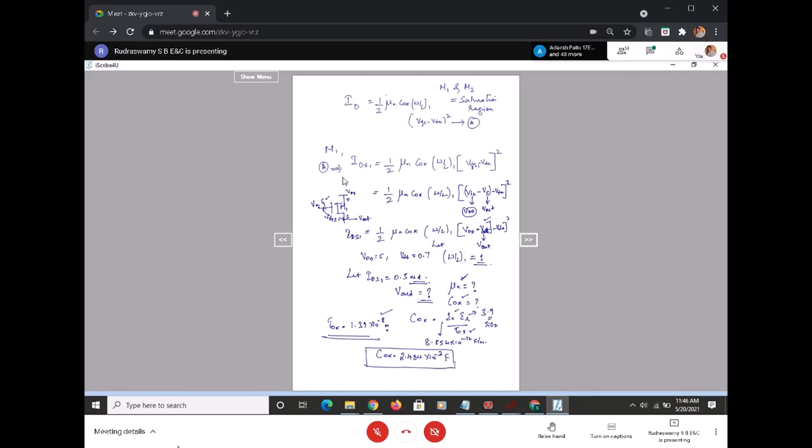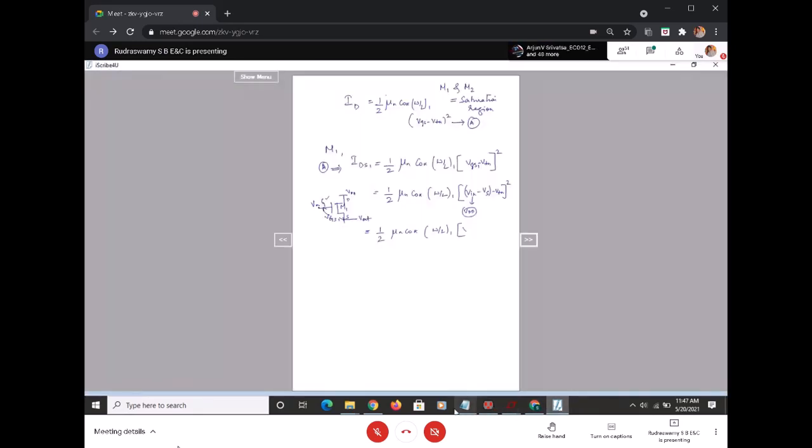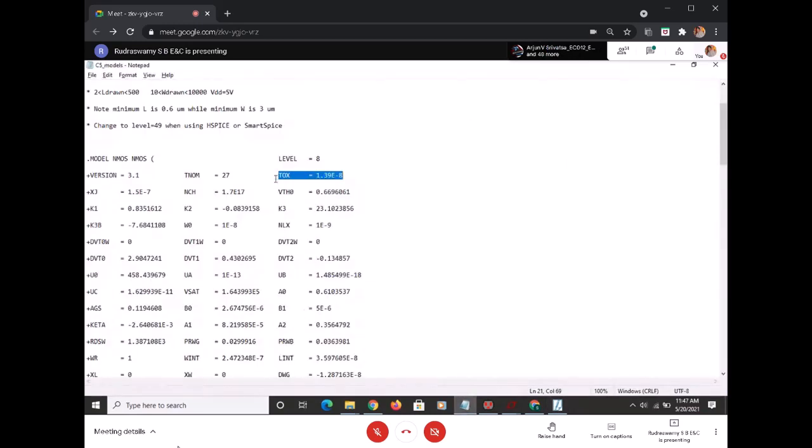So how to get the Cox? We should know the oxide material in order to get the epsilon r, and we should know the oxide thickness, and this we can get from the C5 models. This is for NMOS; we are dealing with NMOS. Oxide thickness of NMOS is this.